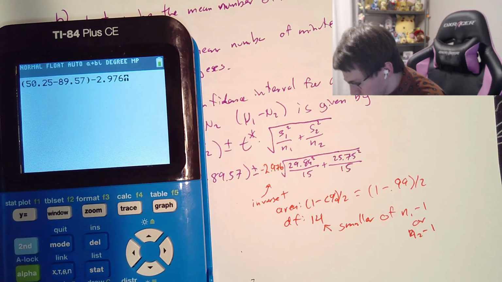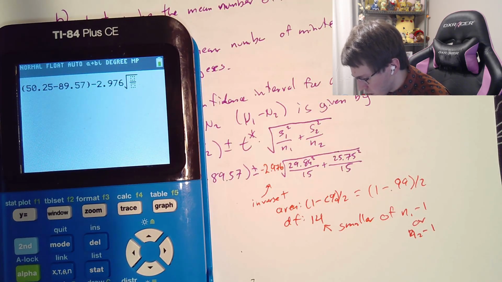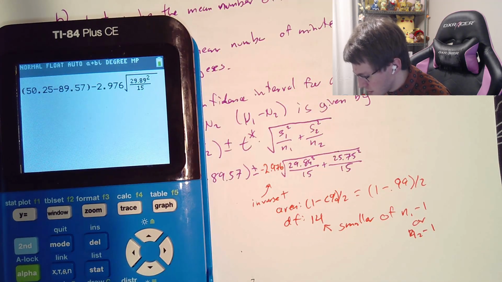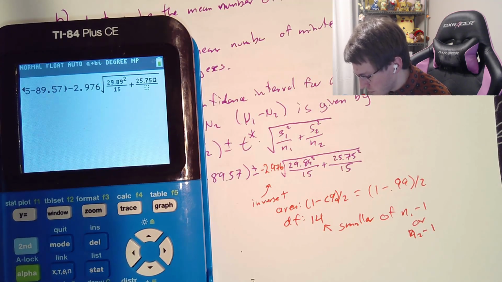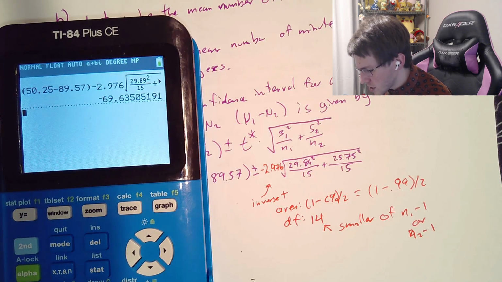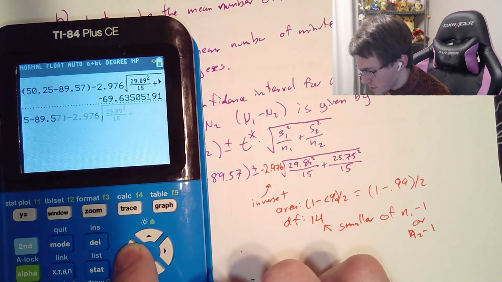Then the square root of the fraction 29.89 squared over 15 plus 25.75 squared over 15. And we get negative 69, which doesn't even make sense, by the way.